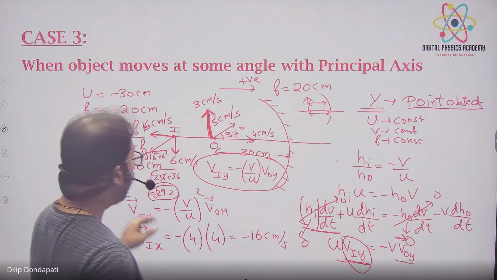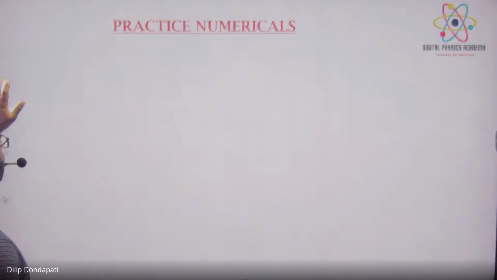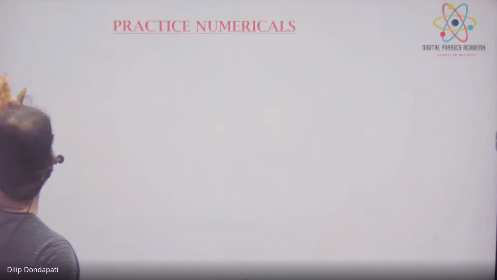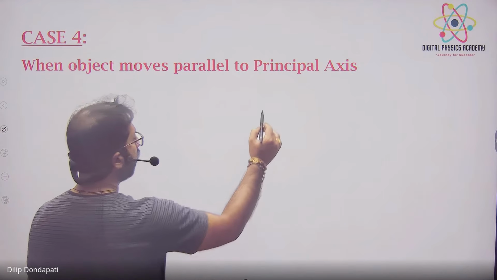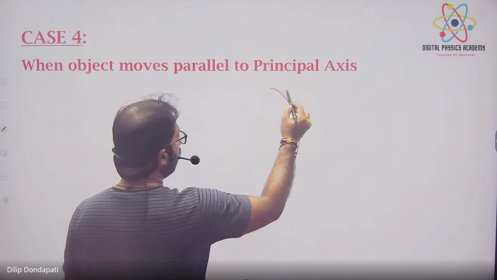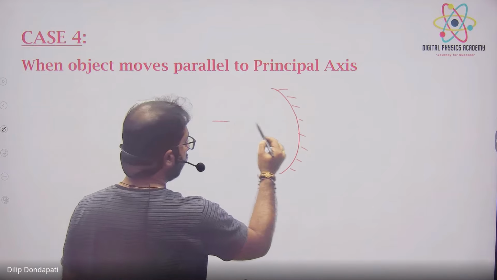Now the last case, one more question will be given. Look at the last case, when the object moves parallel to the principal axis but not along the principal axis. Okay, parallel to principal axis. So learn through a question.